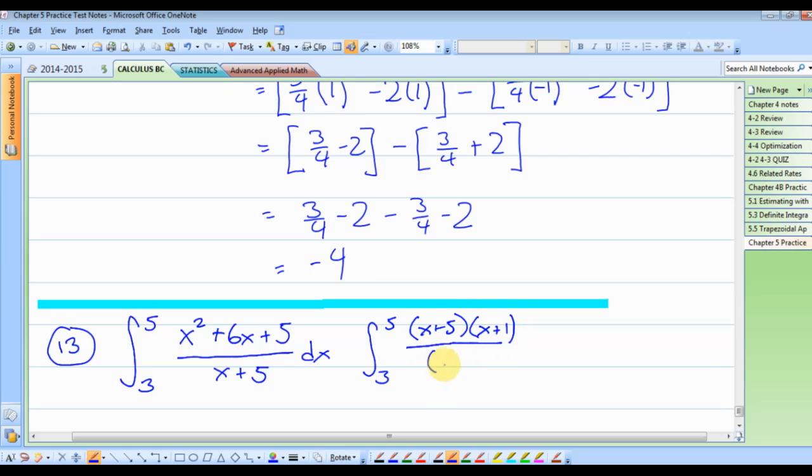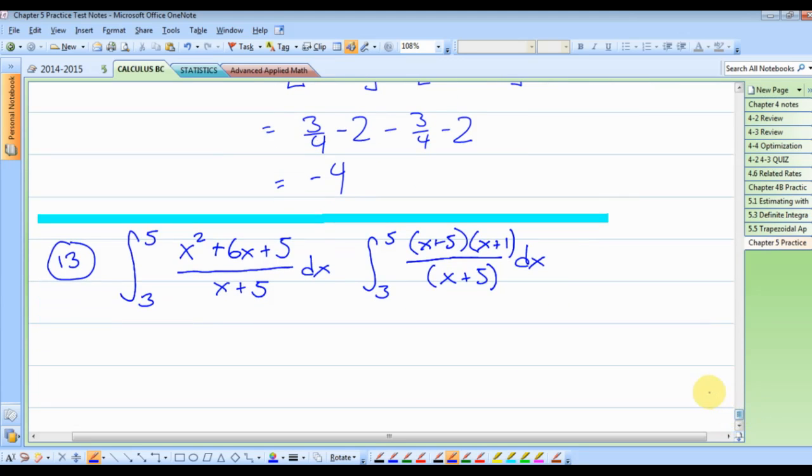Hey, this is just like when you were doing limits, isn't it? One of the tricks is to factor and simplify. Yeah, and you find a hole.